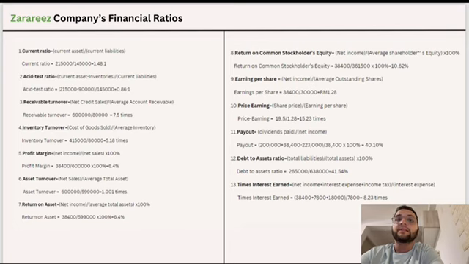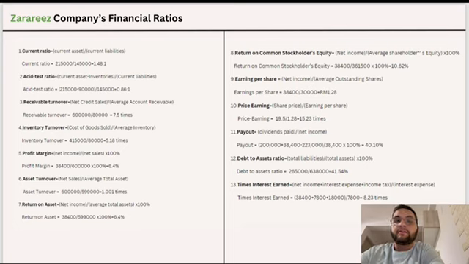An ROA of 10% means Zara's generates 0.10 ringgit for every ringgit of assets. Zara's ROE is 20%. This indicates that the company generates 0.20 ringgit profit for every ringgit of shareholders' equity. A higher ROE reflects effective management and profitable use of equity financing.